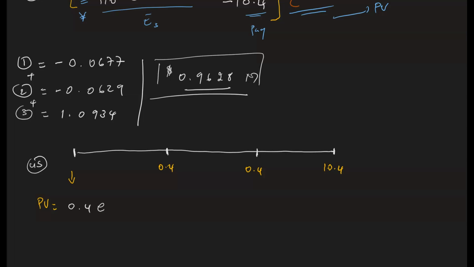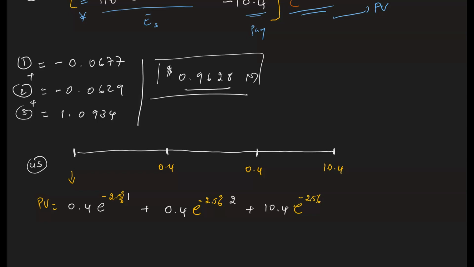I'm going to do the present value using the US interest rate, so it's the exponential of minus 2.5%, for 1 year, so multiply by 1, and I'm going to add to that the 0.4 again, with the present value, the exponential of minus 2.5%, for 2 years, and I'm going to add the last cash flow, which is 10.4, multiplied by the present value, the exponential of minus 2.5%.